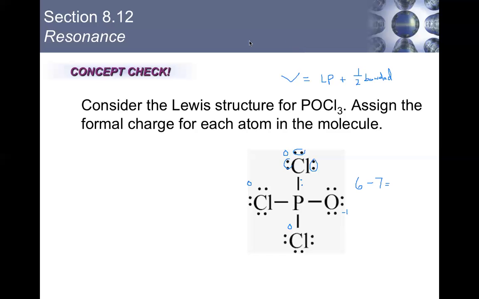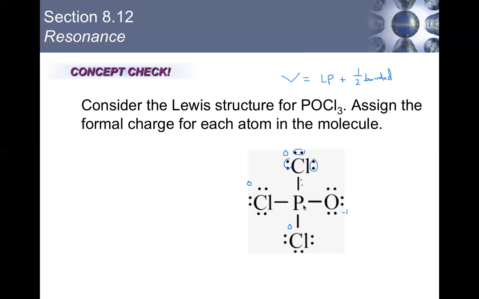And what is the formal charge on phosphorus? What's the valence electrons for phosphorus? Usually 5. And how many does it get from each of these shared pairs? One each. So 1, 2, 3, 4.